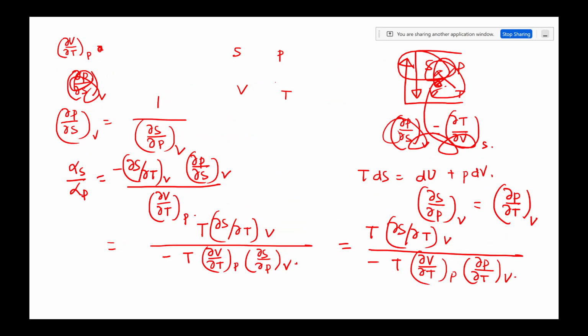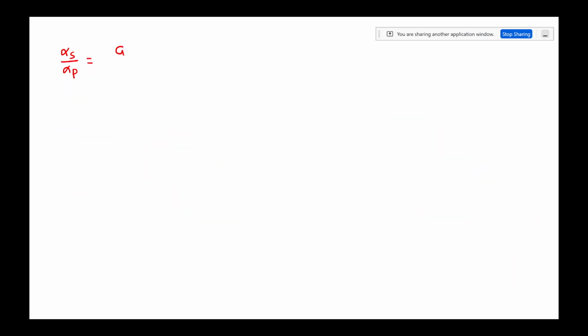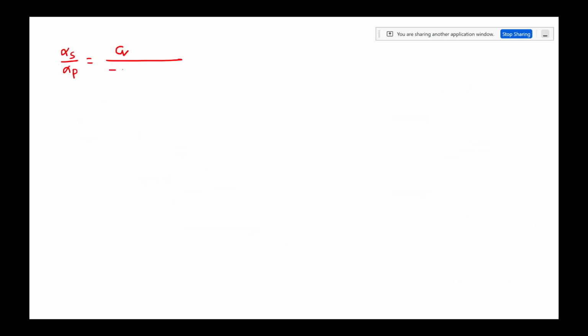Now again, alpha S by alpha P will be T del S del T at constant V, that is CV, divided by minus T del P del T at constant V times dV dT at constant P. Okay, that's true, right?